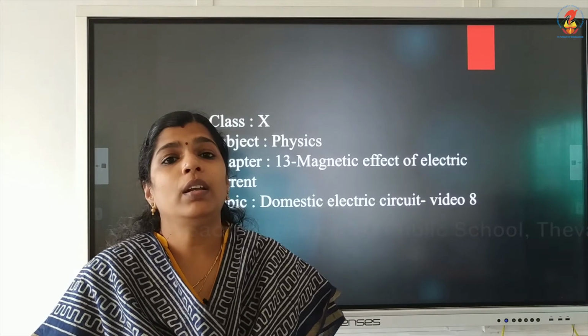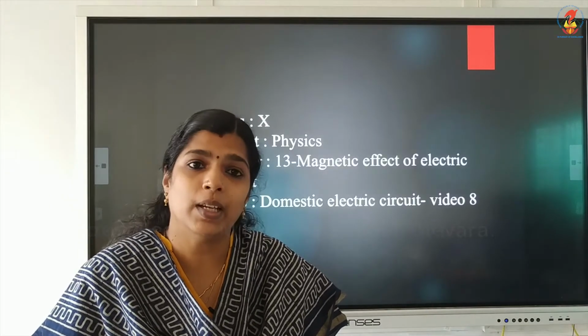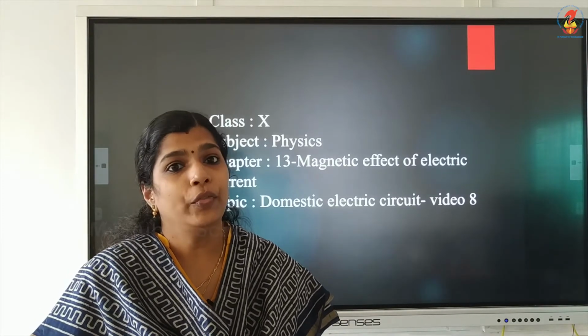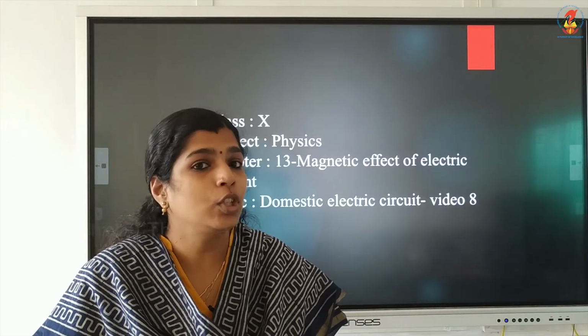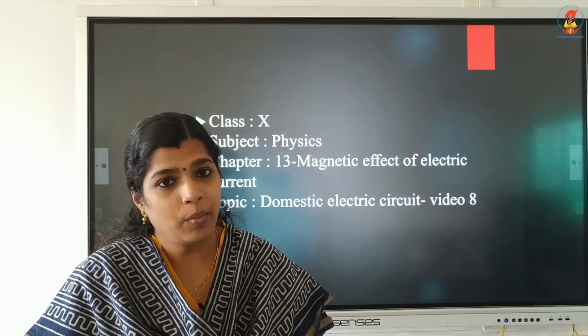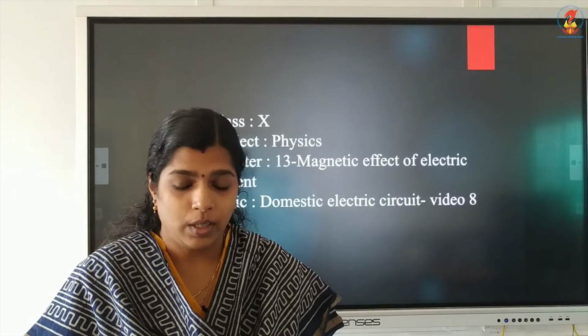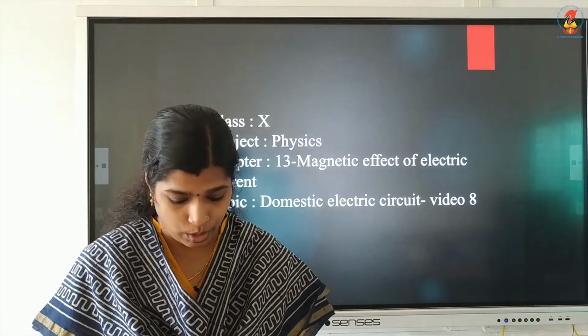The current required for the working of all these appliances is different. So, we can connect different current rating appliances together. All these can be done in parallel connection only. Okay. So, that is in domestic electric circuit.